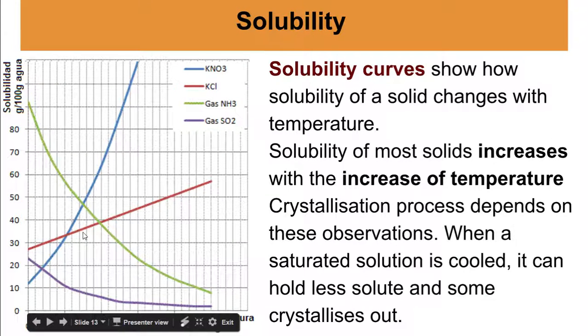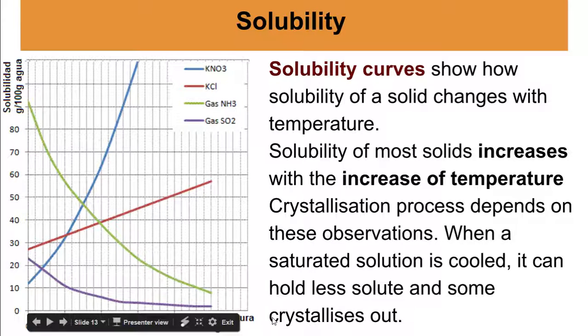And here we have solubility curves. The blue one is potassium nitrate, and the other is potassium chlorate. Those two are solids, and we see that solubility increases with the increase of temperature. Down here is the temperature. In those two curves, we see that solubility decreases with the increase of temperature.